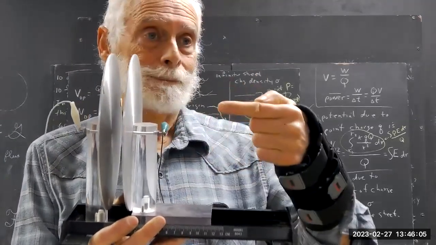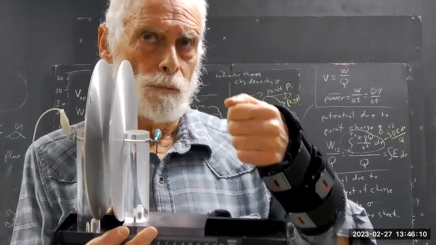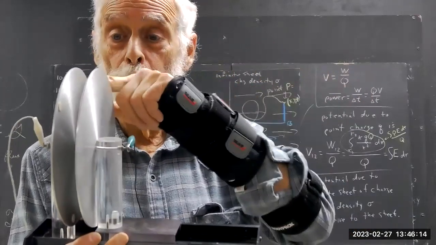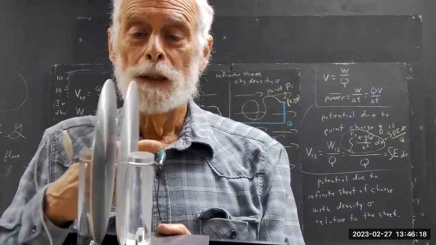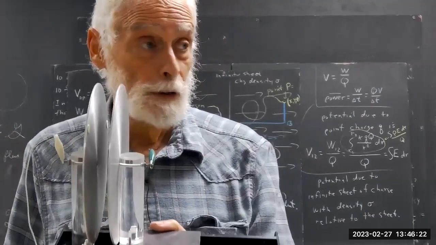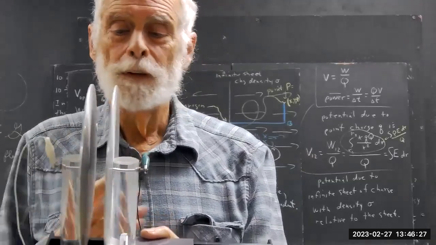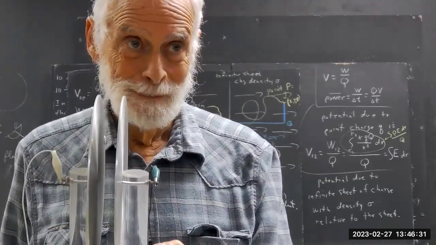Now outside the plates, you've got 2 pi k sigma toward the negative plate and 2 pi k sigma away from the positive plate. You've got pictures in your book of how that looks. Very simple. The field cancels out outside the plates, pretty much.